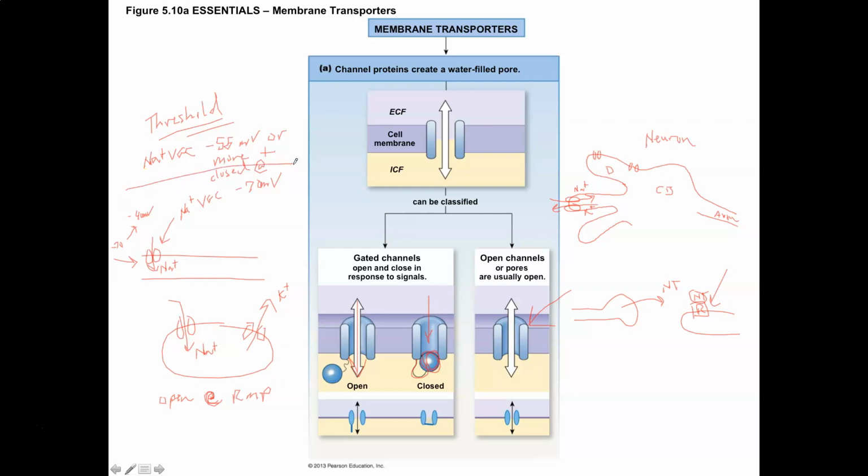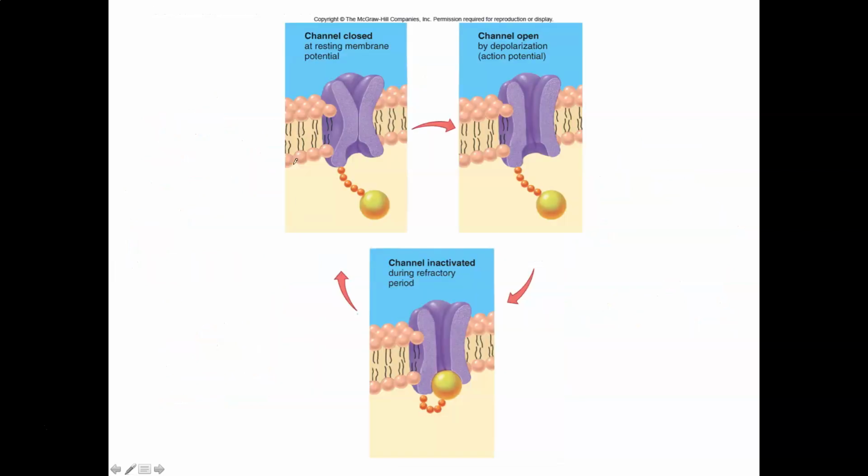It means that the resting membrane potential has to change from negative 70 to at least negative 55 or more positive: negative 54, 53, 52, negative 50, negative 40, and so forth. It has to be negative 55 or more positive in order for that sodium voltage-gated channel to open. If you don't get to that number, it'll stay closed.